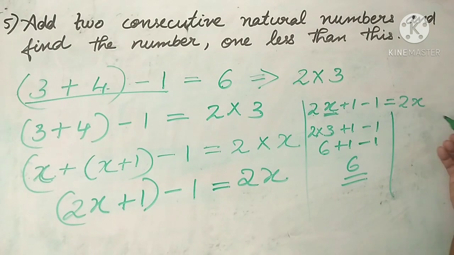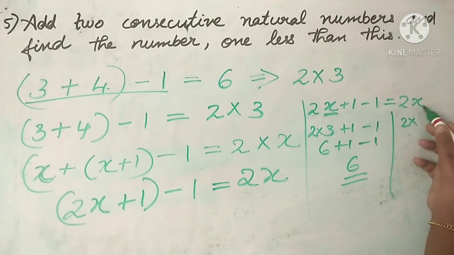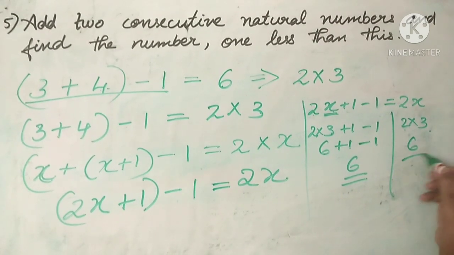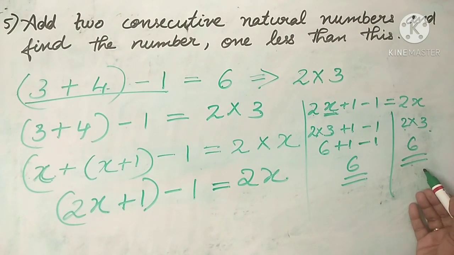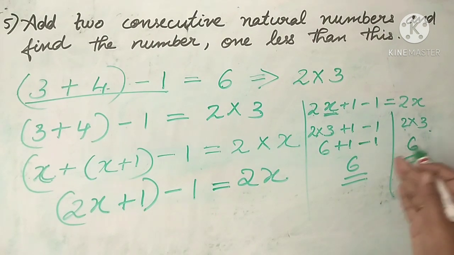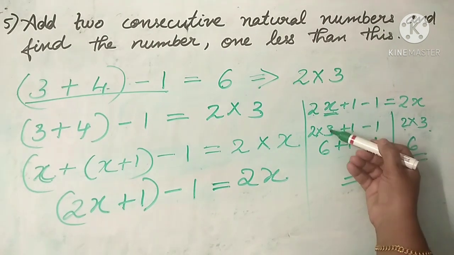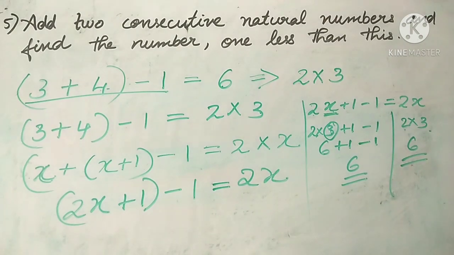Now the right hand side, 2 into 3. 2 3s are 6. Okay, so left hand side and right hand side we get the same answer. So this is how you have to check, or else you can check the same with another number. Instead of 3 you can take any other number and see whether you are getting the right hand side and left hand side the same.